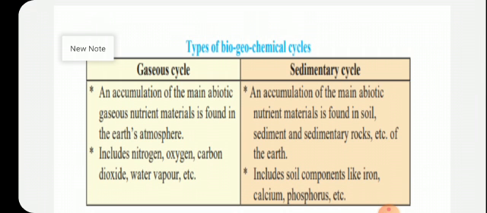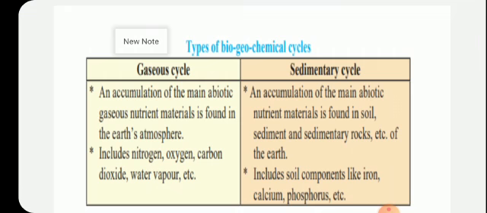So, if these nutrients remain in the air, what will happen? They will not be so used. So, that's why these gaseous abiotic nutrients are trapped in the earth, and used in the form of nitrates. Are you getting?